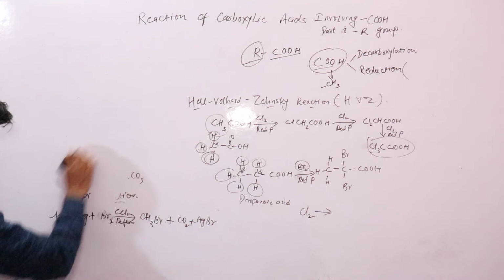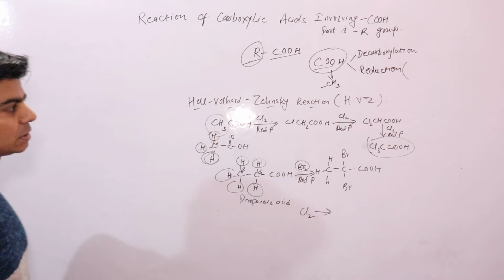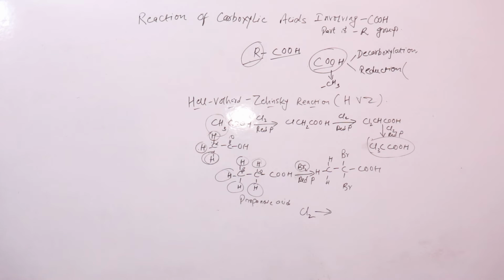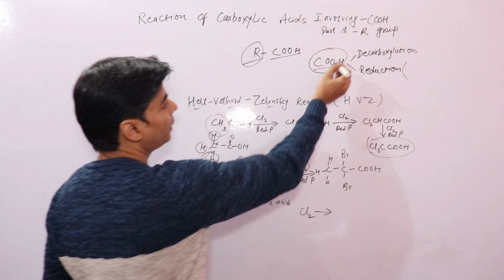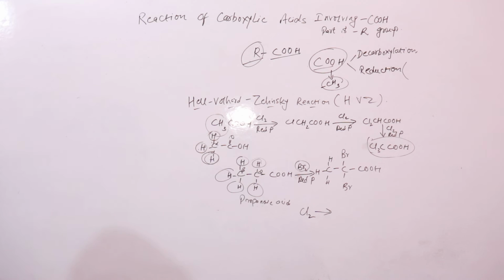First we will look into partial reduction, then we will look at complete reduction. In complete reduction, this COOH would be replaced by this CH3. Let's look at partial reduction first.